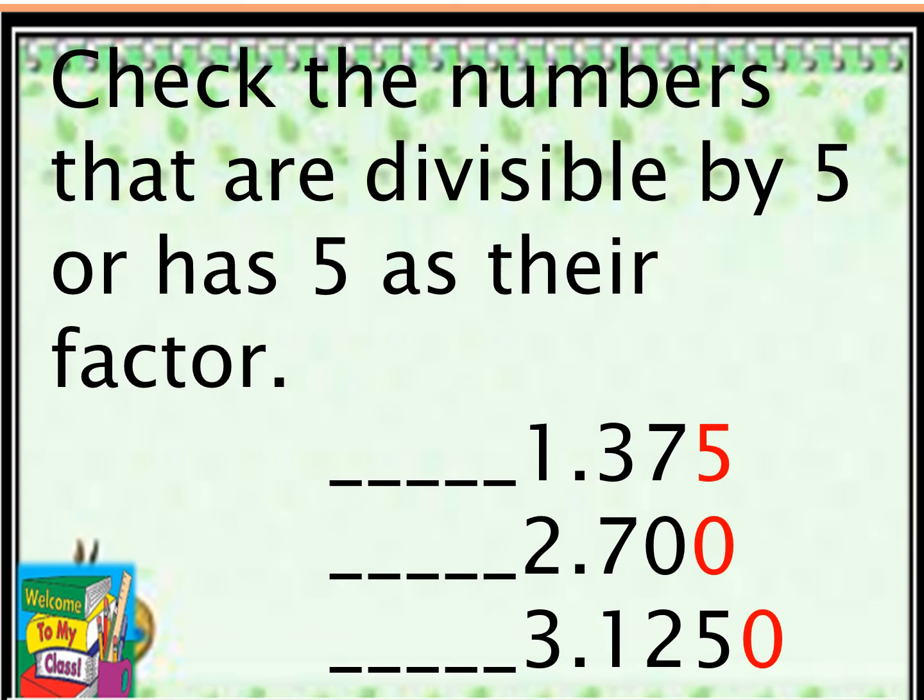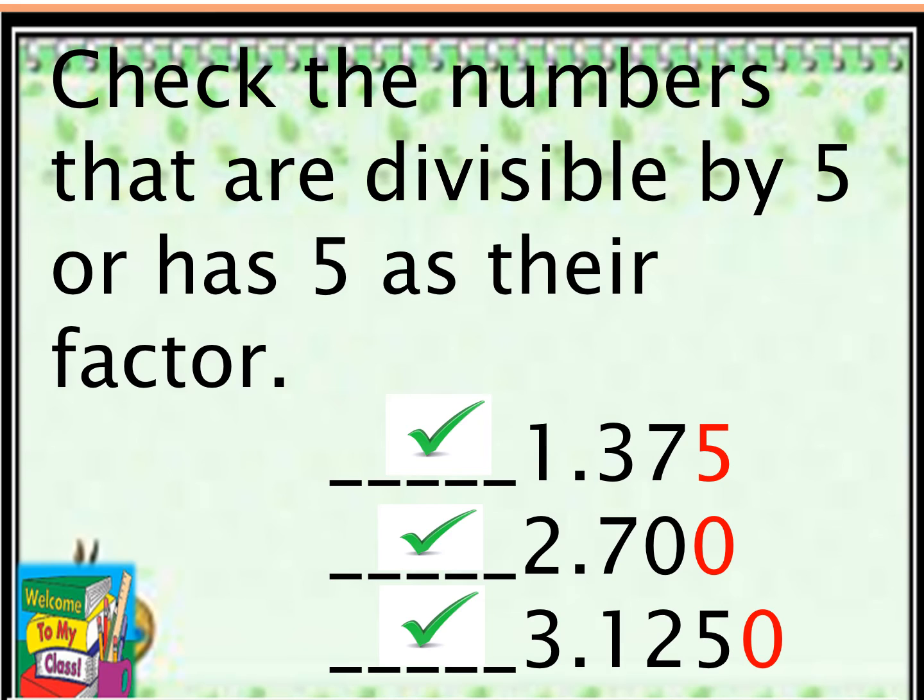Check the numbers that are divisible by 5 or has 5 as their factor. Number 1, 375. Check. So that is divisible by 5 because it ends in 5. Nasa hulihan ay 5. Next, 700 is also divisible by 5.